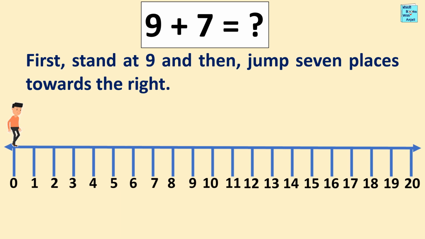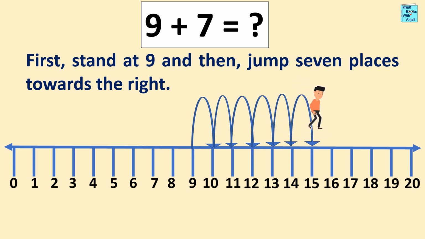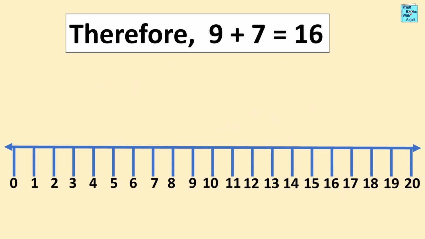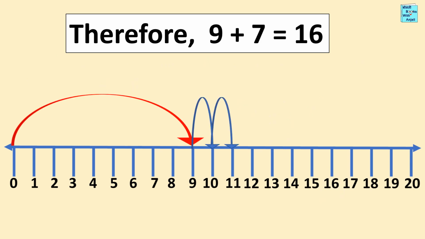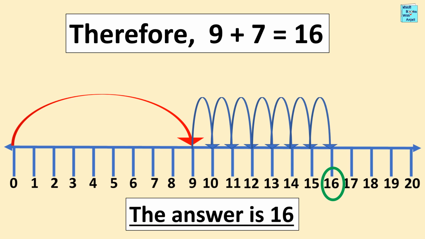So if a person stands on 9 and jumps 7 times, that person will reach number 16. Answer is 9 plus 7 is equal to 16.